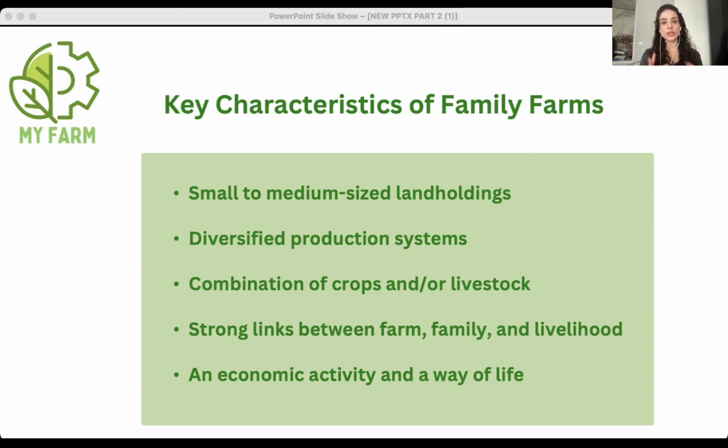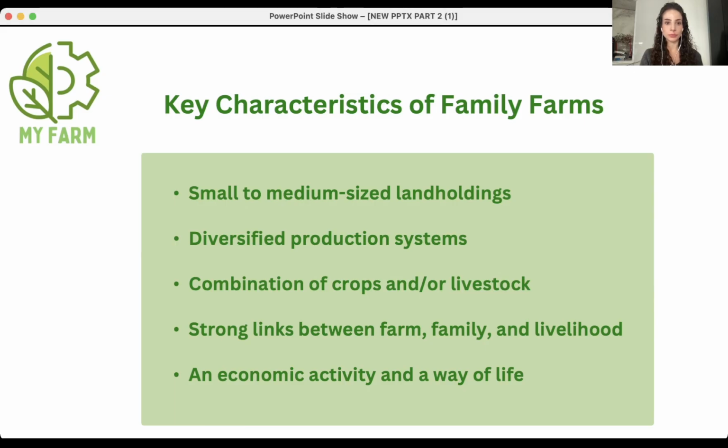Landholdings are often small to medium in size, and production is commonly diversified, combining multiple crops or integrating livestock. For many families, the farm is not just a business, it's part of their identity, their history, and their way of life.